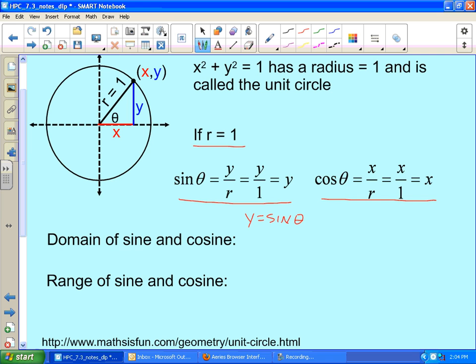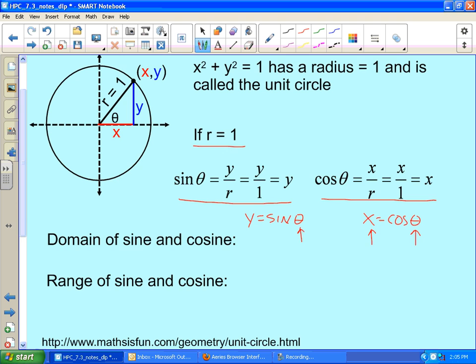So if I have this answer here for y, with theta being my control variable, and over here in the cosine world, I've got x is equal to cosine of theta. There it is again. There's your control variable, and this time x is actually my dependent variable for cosine. But for both of those, for sine and for cosine, my theta is what determines my domain. And so if theta can be positive, negative, 0, it can be anything.